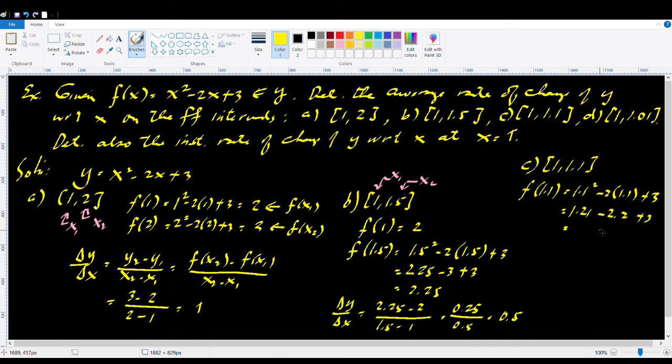That should give us 4.21 minus 2.2, and that is 2.01. Alright? So delta y over delta x is 2.01 minus 2 all over 1.1 minus 1. 0.01 over 0.1 will give us 0.1.